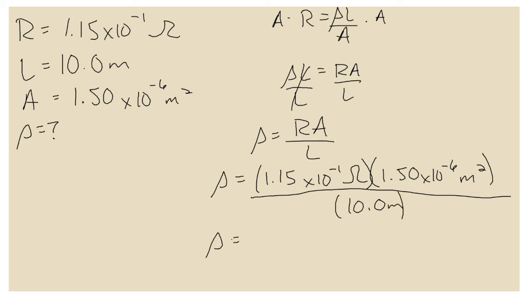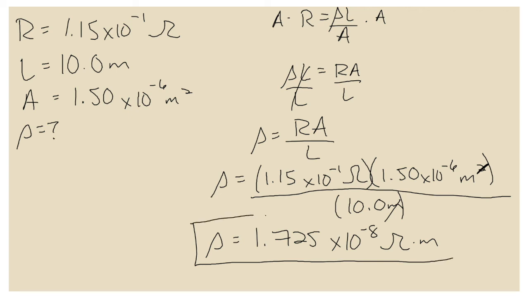When you do that math, making sure you have all your numbers plugged into your calculator in parentheses because they're in scientific notation, you end up getting an answer for your rho, or your resistivity, as 1.725 times 10 to the negative 8. And then notice here, this meter cancels one of those meters, so our units left over are ohm meters. And that is what the resistivity unit is.